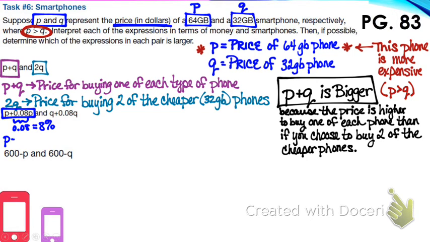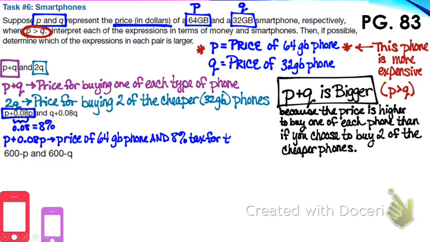So P plus 0.08 times P, that would be 8% of P. This is the price of a 64 gigabyte phone and 8% tax for that phone.